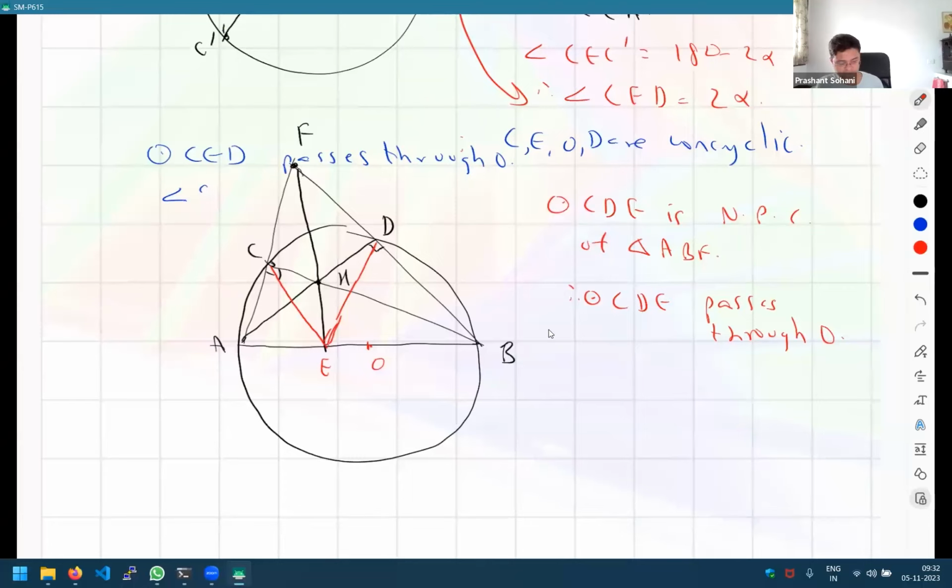Both of them are very good proofs. In fact, this was similar to a question which I had done during the RMO training camp in Pratishthan. We had a similar question, right?